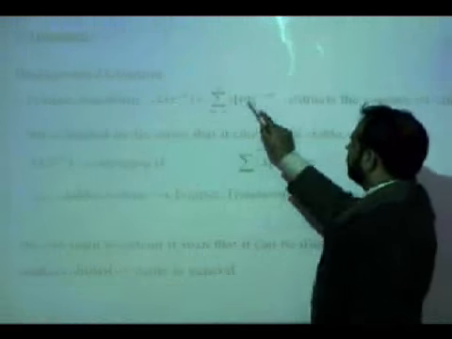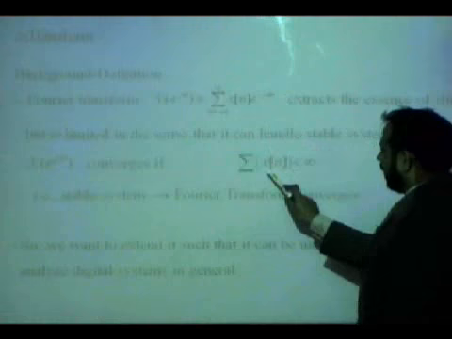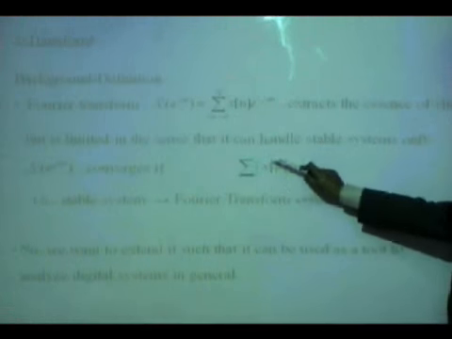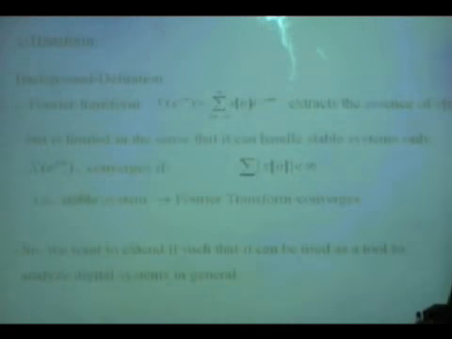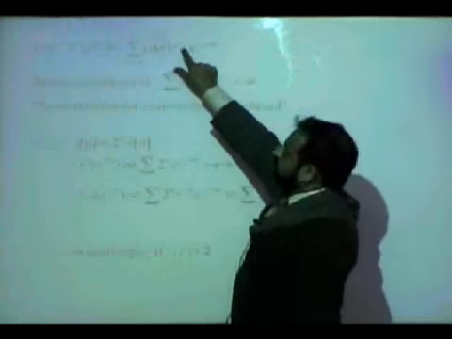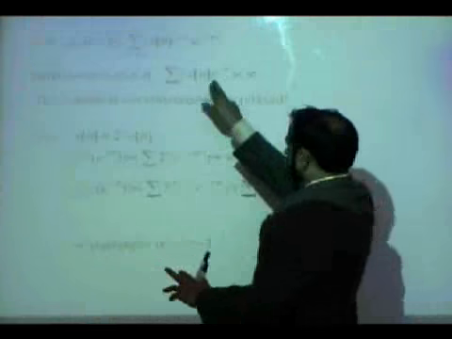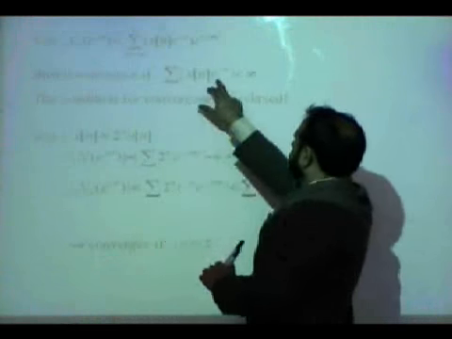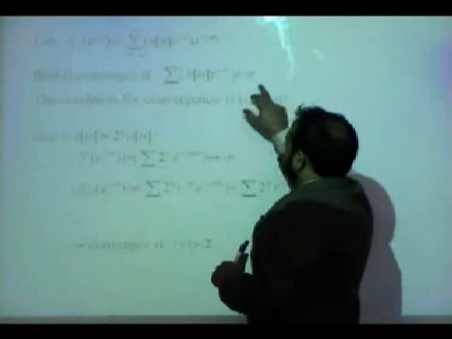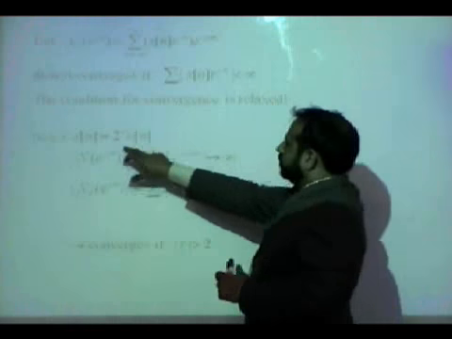The Fourier transform requires that the sequence should be absolutely summable. So we need to extend it such that it can be used as a tool to analyze digital systems in general. For this you introduce r raised to the power minus n, multiply it with the signal, and now you can choose r to make the whole thing converge. An example is 2 to the power n u of n.